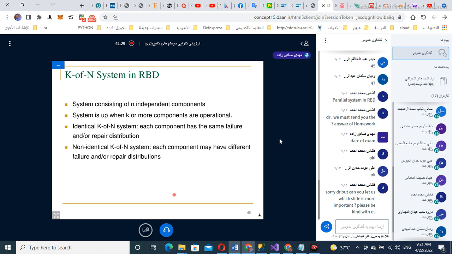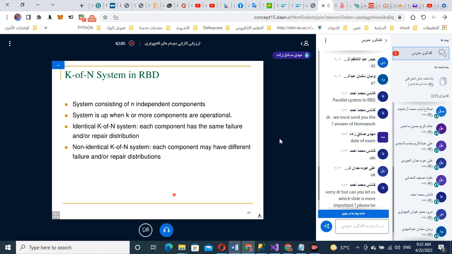K-of-n system in a reliability block diagram. A system consisting of n independent components, and the system is up when K or more components are operational. This means at least K components must be alive and working. In an identical K-of-n system, each component has the same failure or repair distribution.